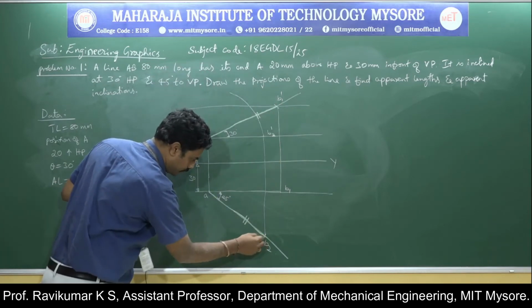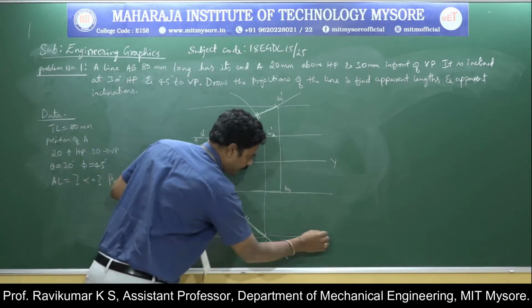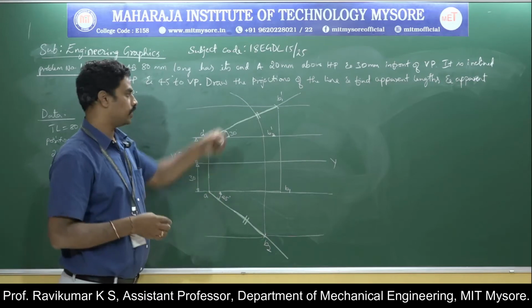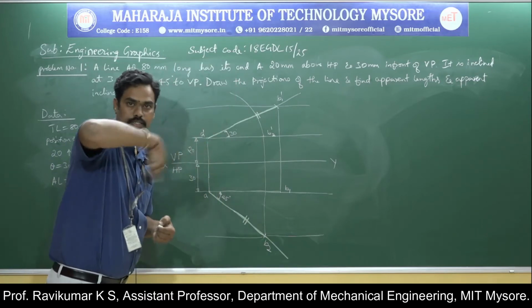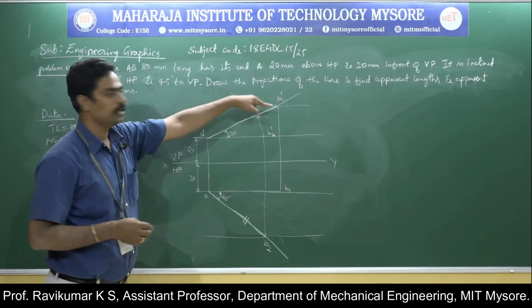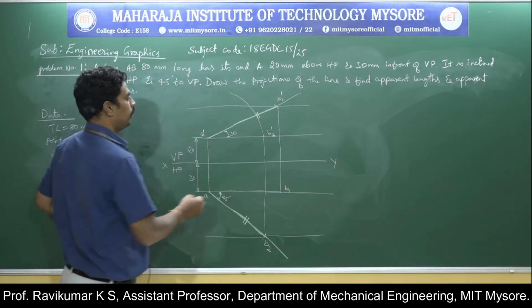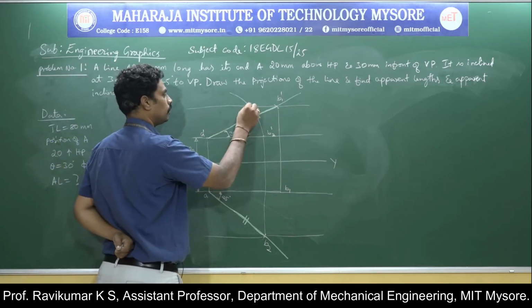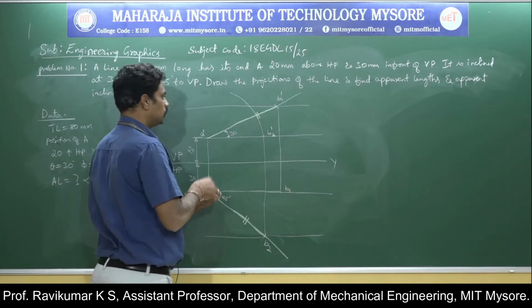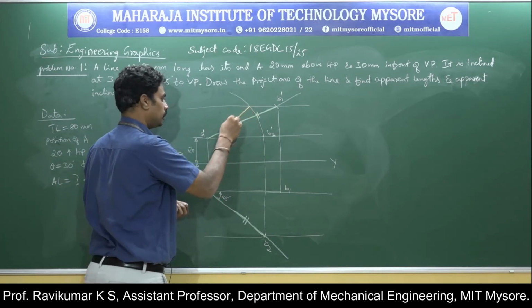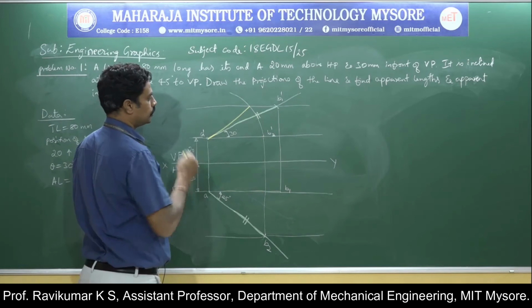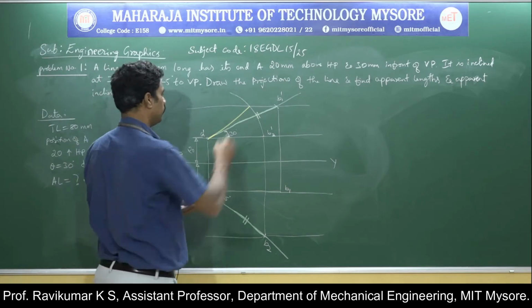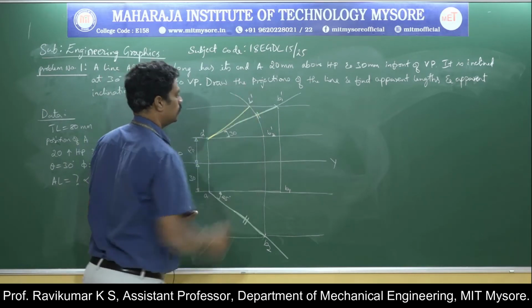Similarly, from this point you need to draw the locus, because B dash will fall on the same locus, because in the top view it will be like a circle, but in the front view it will be a straight line. Fine. Wherever this circle cuts the locus, it will be the apparent length of the line. So this is the apparent length A dash B dash.